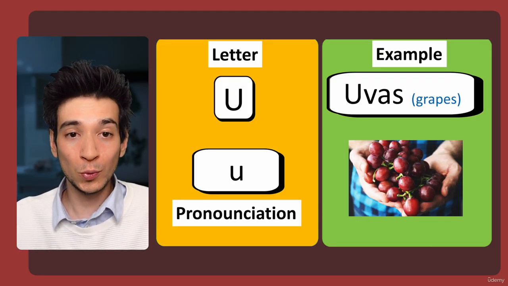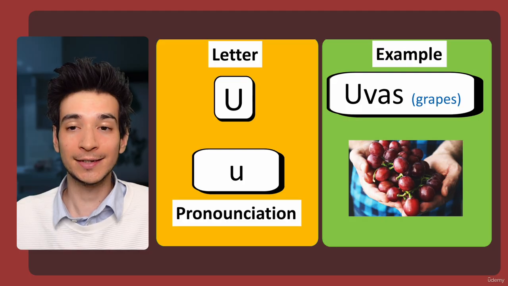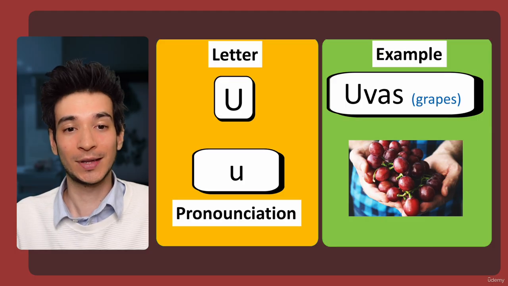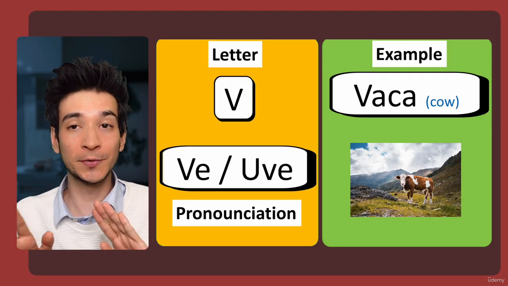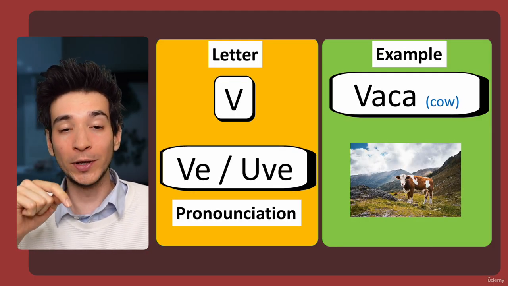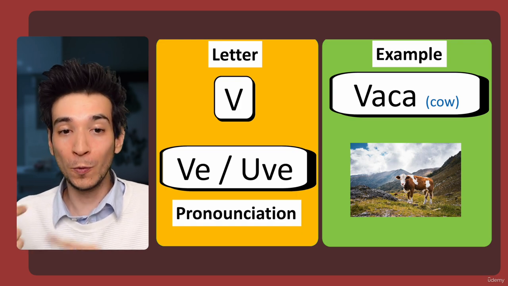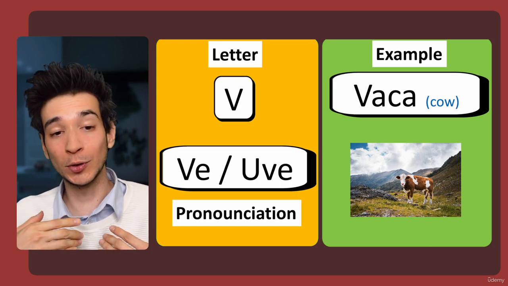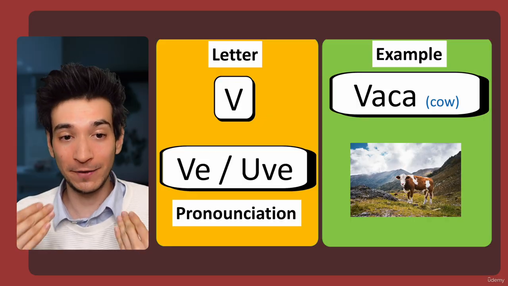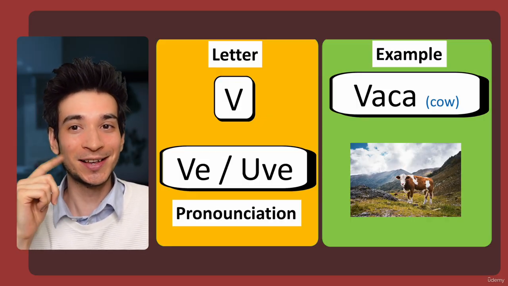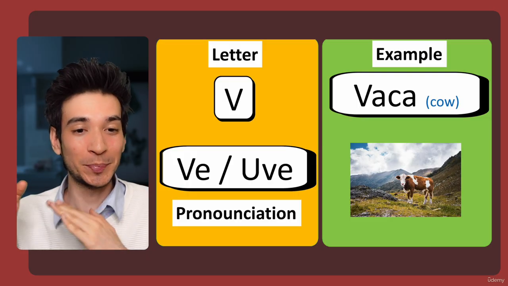U. Uvas, grapes. And this one we have two ways of saying it. This is the letter V. We can say V or UV. I usually say V, letra V. But this one is very similar to letter B. It sounds almost the same. So some people find it hard to tell them apart.